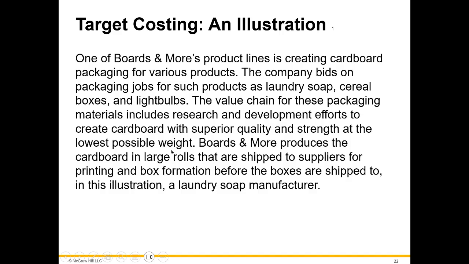So they're trying to do this at the appropriate cost level, but with superior quality and strength. Boards and More produces the cardboard in large rolls that are shipped to suppliers for printing in a box formation before the boxes are shipped. So let's see what that process looks like.